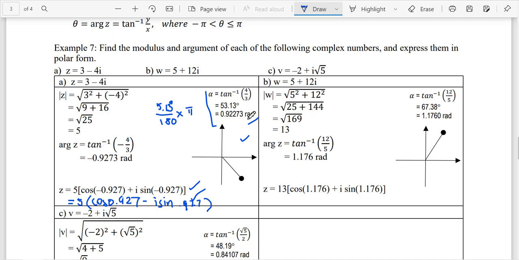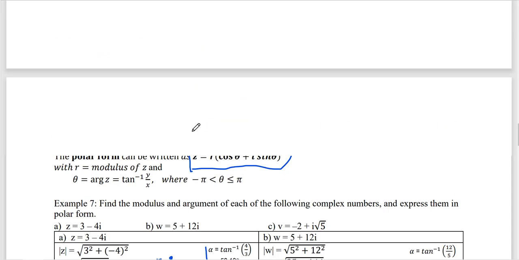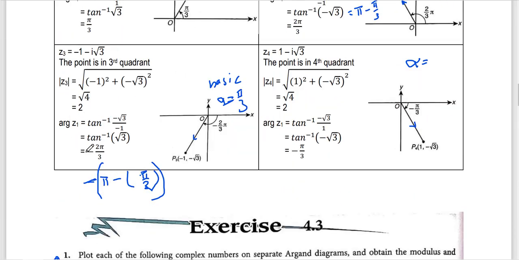But sometimes if the angle is 30 degrees, 60 degrees, it's better you change to degrees so that you can change to fraction form like this. If you straight away change to radian, you won't get the pi fraction form.